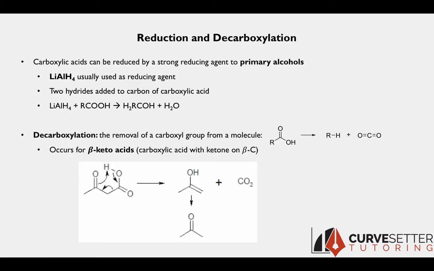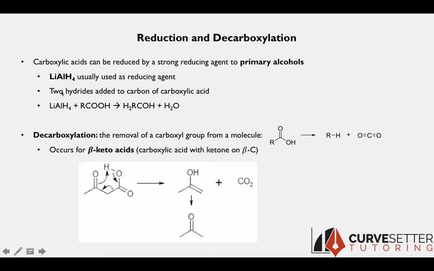So carboxylic acids can be reduced and also decarboxylated. So remember that carboxylic acids, that's the most oxidized form of carbon, and it can be reduced all the way back to a primary alcohol by using a strong reducing agent. Specifically, we always talk about LiAlH4 as our poster child of strong reducing agents.